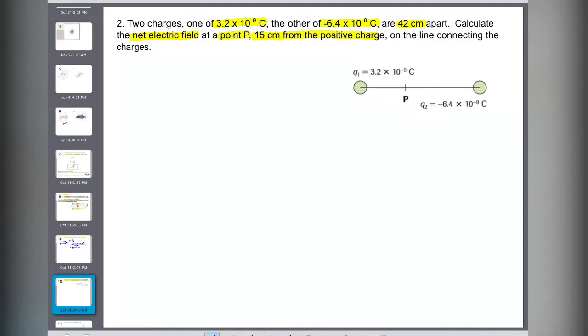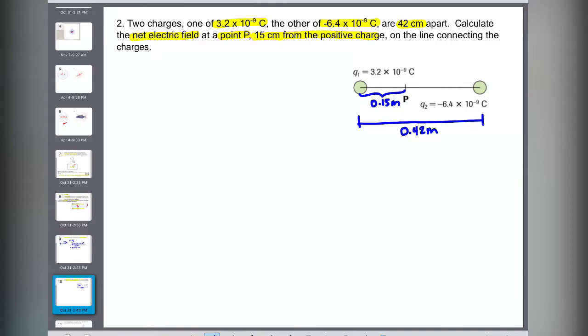Let's draw a little distance here. Between the positive charge and point P is 15 centimeters, and I'm going to put it in meters. They tell you the whole distance between the 2 charges is 0.42 meters.